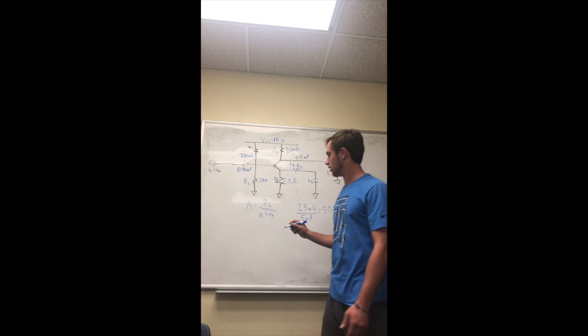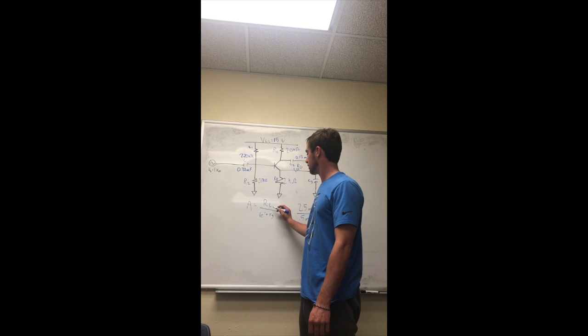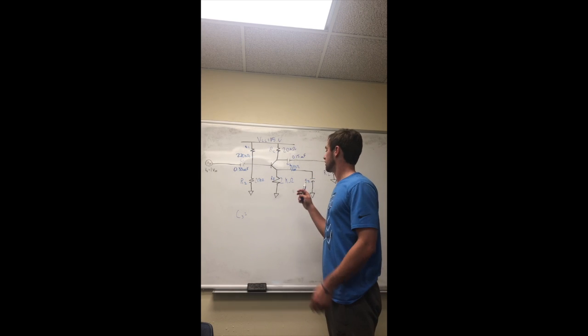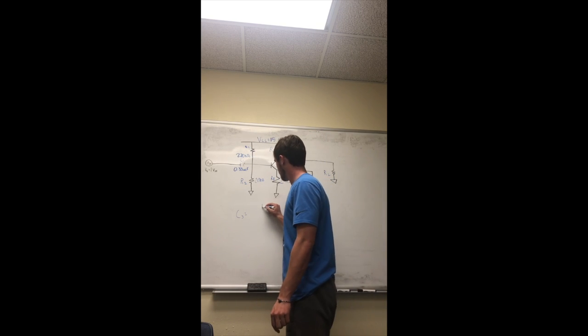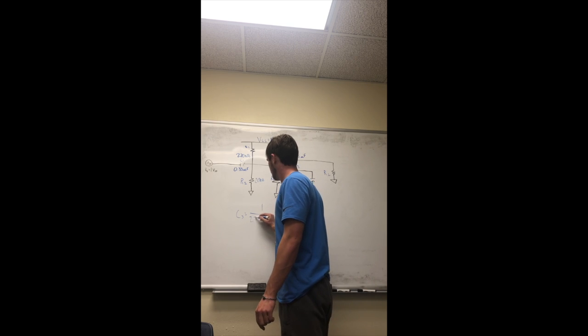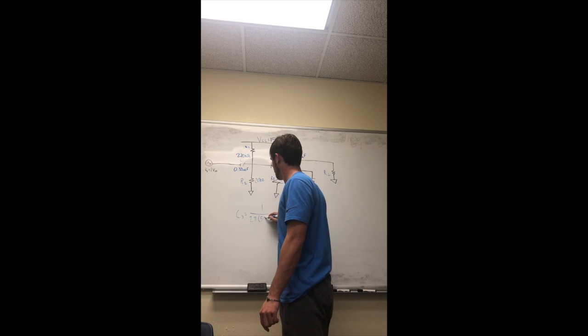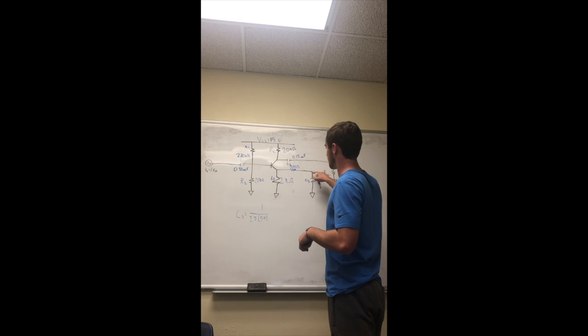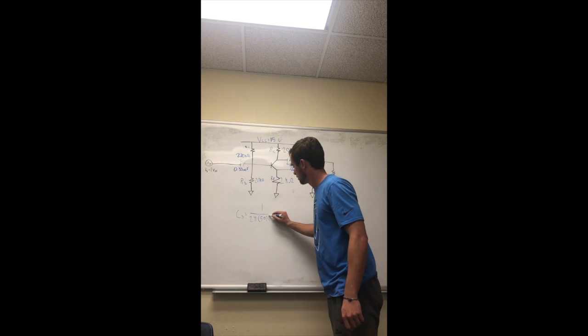So now, since we know the gain, we know RC, we know RE prime, we can solve for RG. So similarly for C3, we're going to solve it using the same equation, 1 over 2 pi times 50 times the resistance that we see here going into the capacitor, which is going to be 200 ohms.